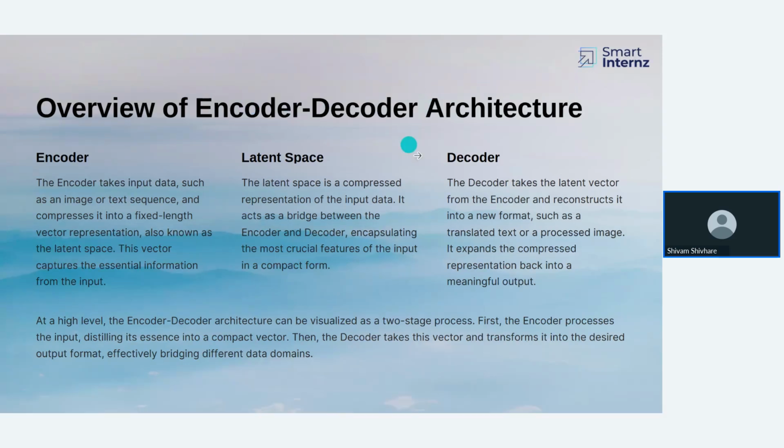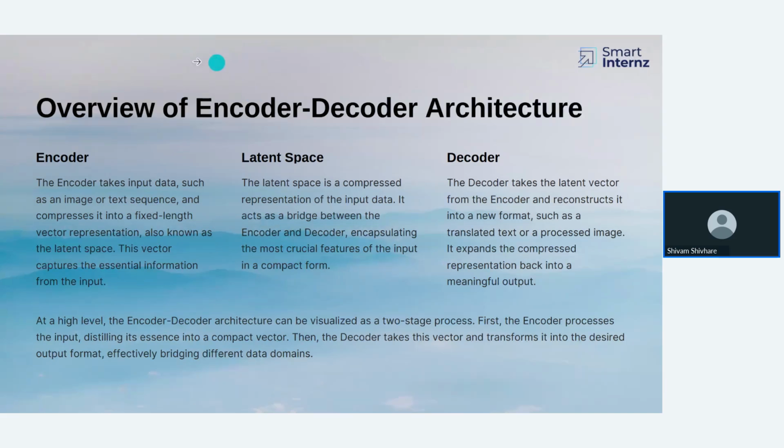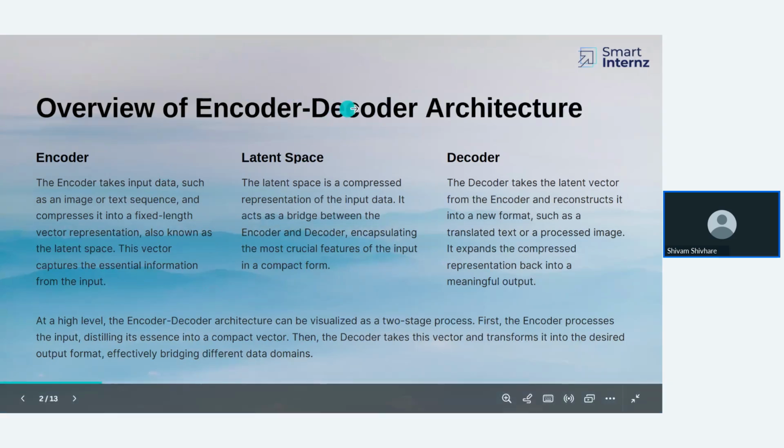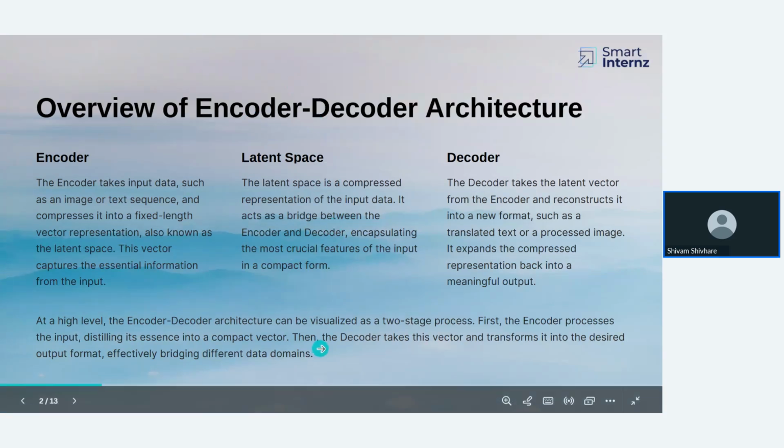Now what will the model understand from this image? It will capture this Smart Intense logo, the heading and subheadings, and the text. The remaining parts of the image are going to be neglected, like the white space and the background image, or else some of the background information is considered and some is neglected. This information is converted into numbers, and those numbers are carried by the latent space. It stores it in a complete format, like a single vector.